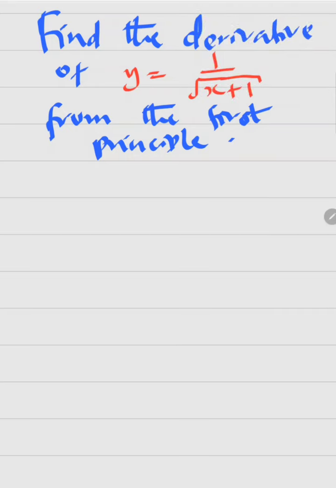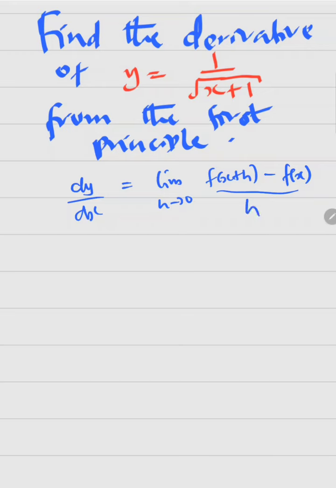Recall I said finding the derivative from the first principle is an algebra way of finding a general expression for the slope of a curve. And if you want to find the derivative of a function from the first principle, you are going to use this formula: dy/dx equals the limit as h tends to 0 of f of x plus h minus f of x, divided by h.